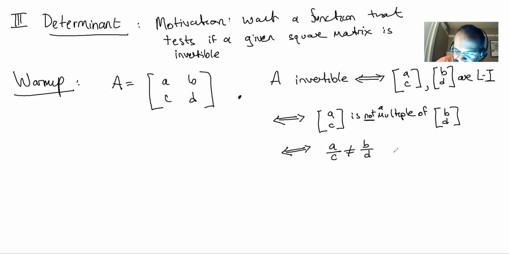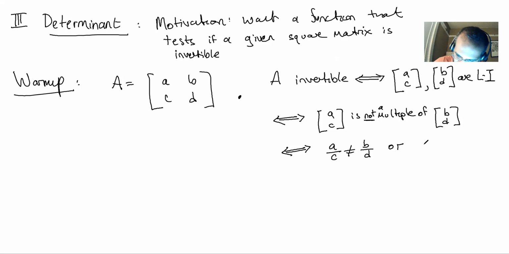But this doesn't always work, right? So why is this not a correct if and only if? Couldn't we have cases where we have zeros? Yeah, exactly. You have cases where you have zeros. So really it's an or.